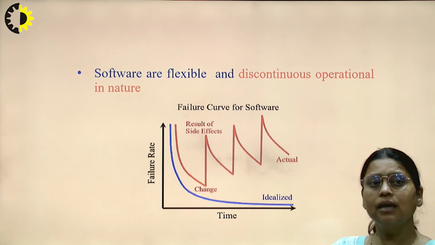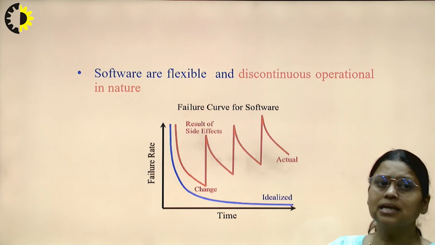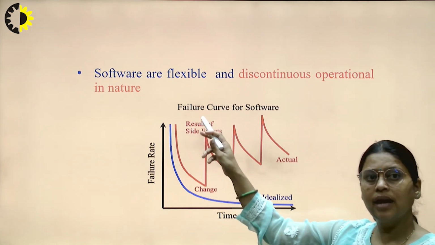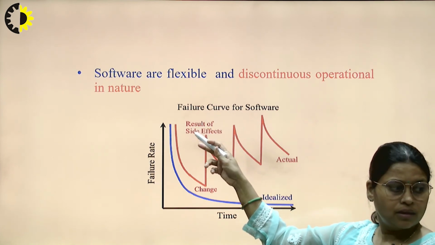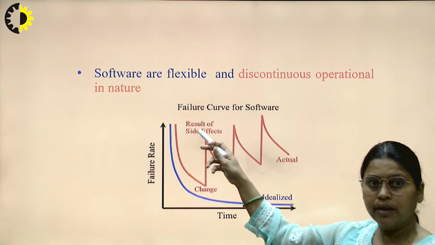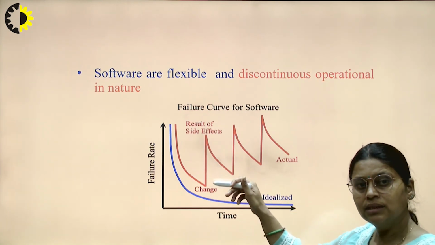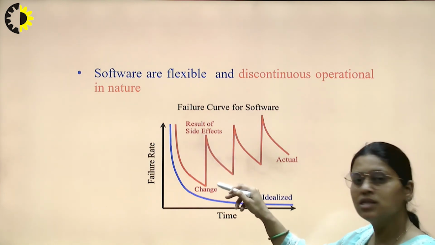Now the second characteristic: software is flexible in nature and has discontinuous operations. As I have discussed, when we change the software as per the technology change, the performance will upgrade. When we have not changed the software as per the technology, the performance will degrade.